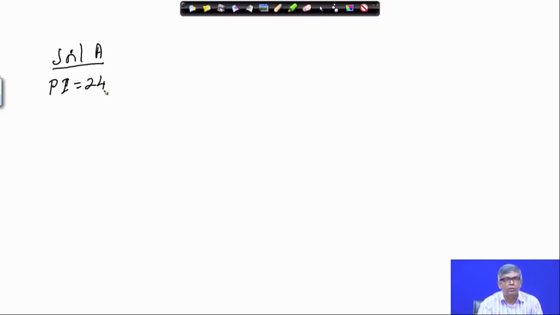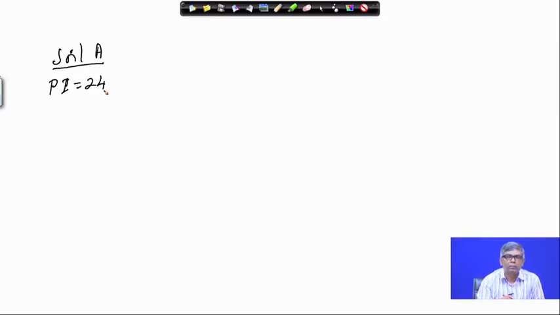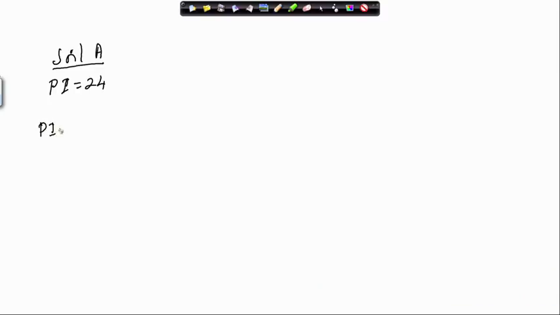And we know that on the plasticity chart there is an equation, that is PI equal to 0.73 times (liquid limit minus 20).